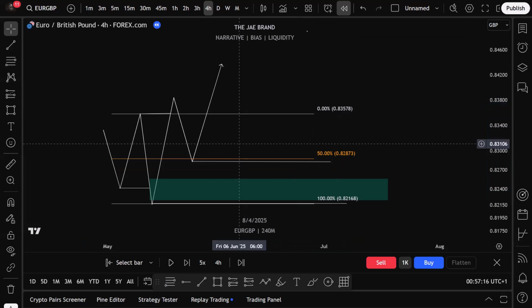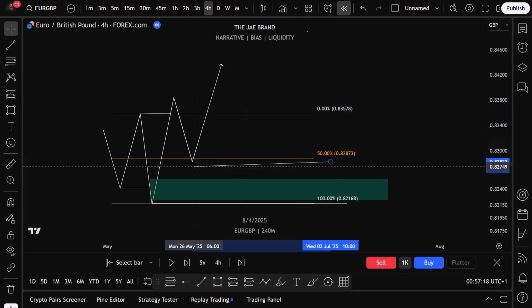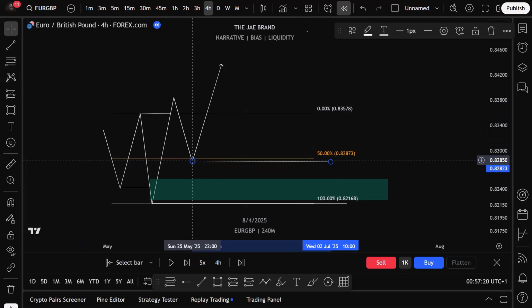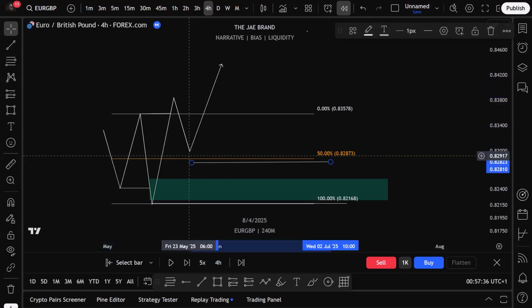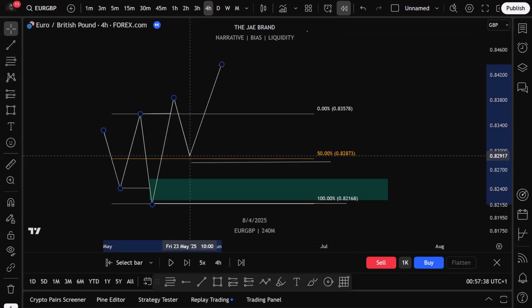Your structural liquidity must be inside or a little bit below the 50% area of the fib tool, or just a little bit above the 50% area of your fib tool. Okay, maybe on top of the 50% line or a little bit above.